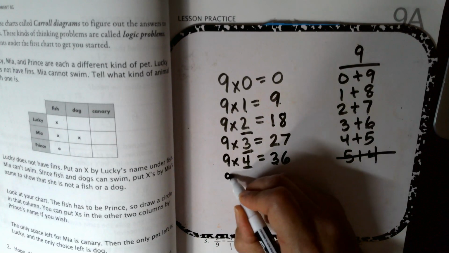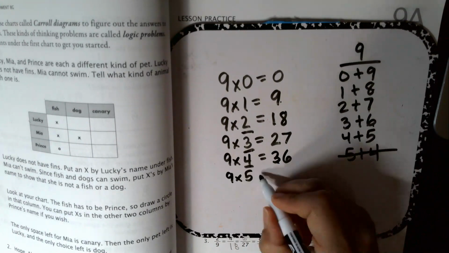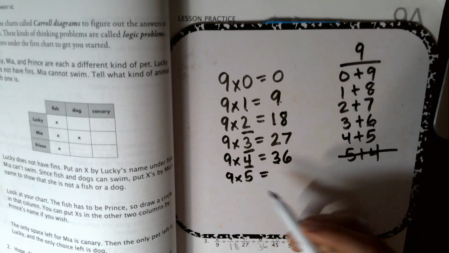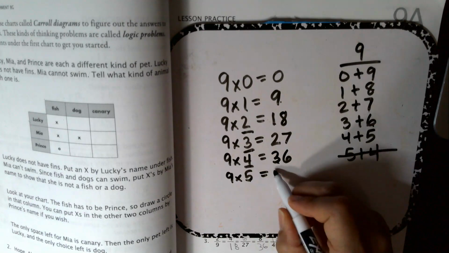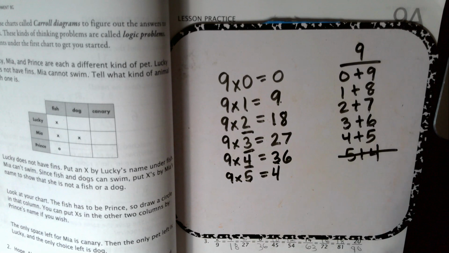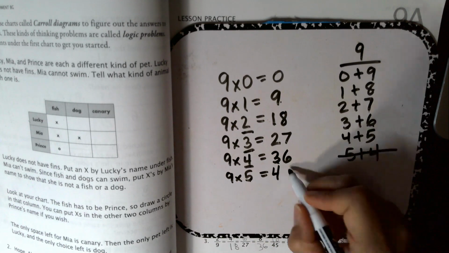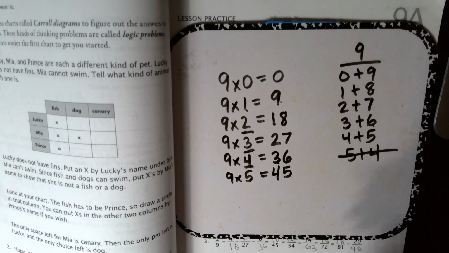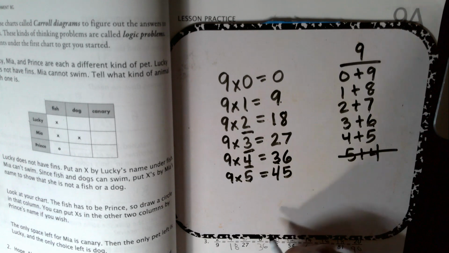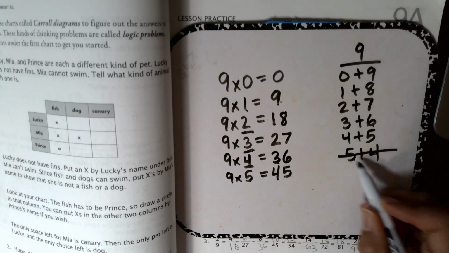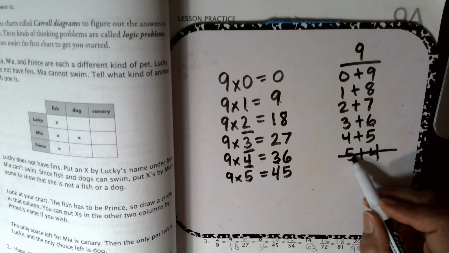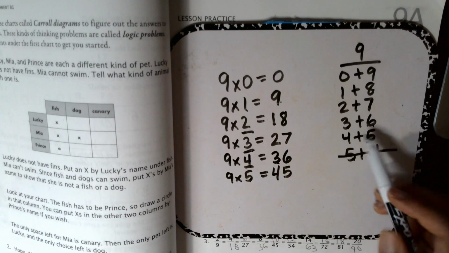This one is 9 times 5. So if we go one number down, then this is going to be a 4. And then we know that 4 plus 5 gives us that 9. Now the next number, it starts to switch, just like we had here, where the numbers kind of just switch around. So the 5 is in the front, the 4 is in the back, and it's going to be the same thing here.